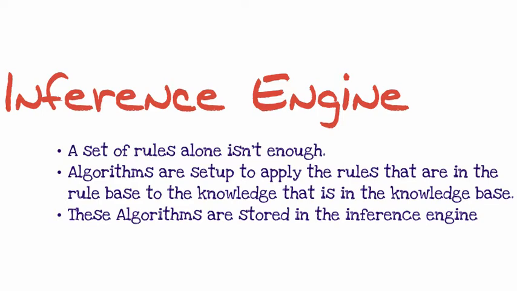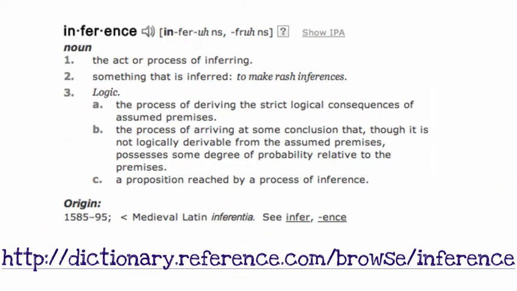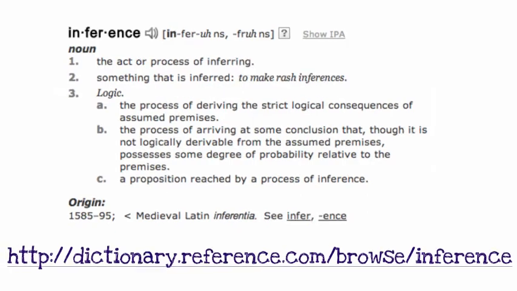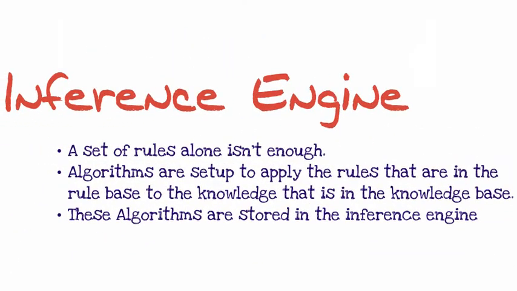Now inference engine, it's actually quite easy to remember if we look at the actual definition of what inference is. Inference is logic. If we look at point 3 there, the act or process of inferring something that is inferred, or point 3 is logic, and then we've got various descriptions there of how it's logic. But essentially what you can think of is inference is logic. I've taken this off dictionary.com, and logic is performed using algorithms.